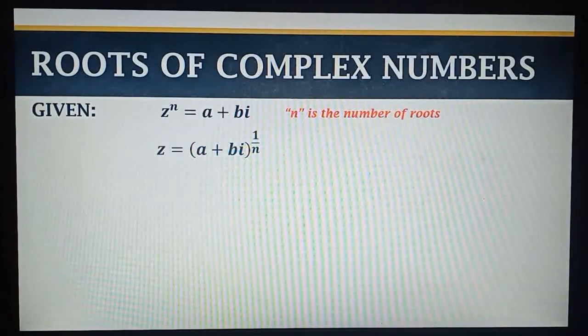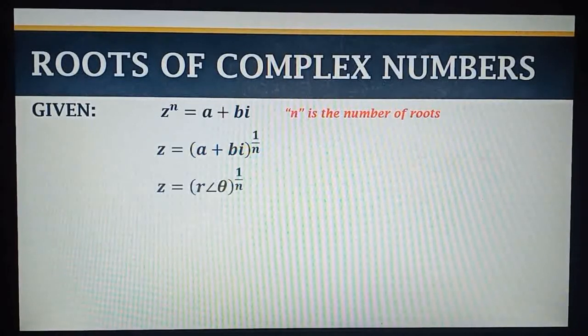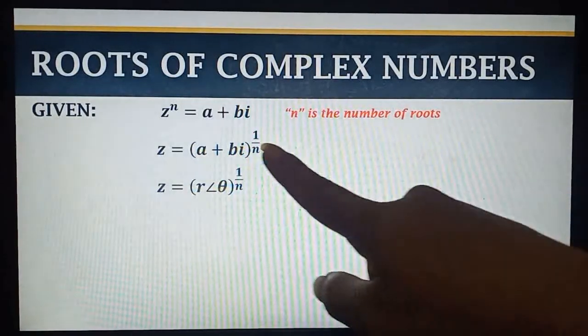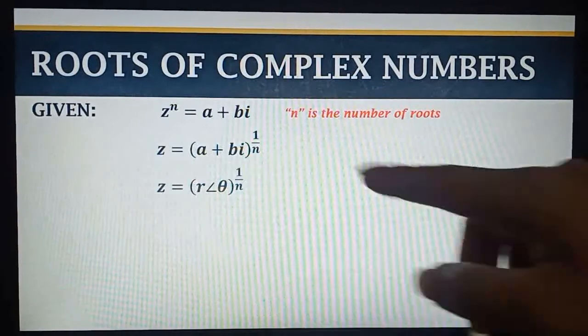So if you simplify the equation, you will now have z equals the quantity of a plus bi raised to 1 over n. So para makuha mo yung roots ng complex numbers, we will use de Moivre's theorem, wherein the rectangular form will be converted into polar form.